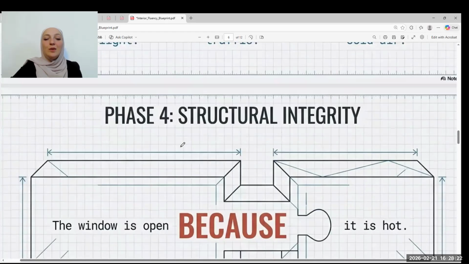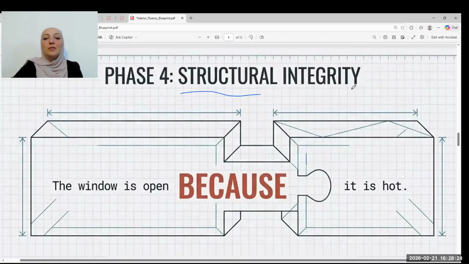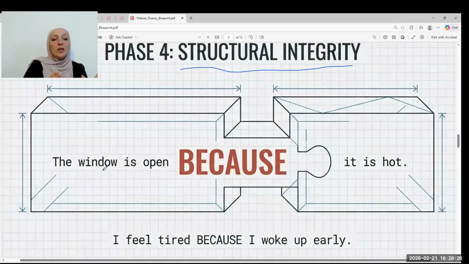Moving on to phase number four, structural integrity. So the window is open. Now you have to put the puzzle together, like two blocks, to connect and have something with meaning. So the window is open. Okay, what do I do with it? I'm not telling you whether the window is open or not, I'm telling you why it's open.